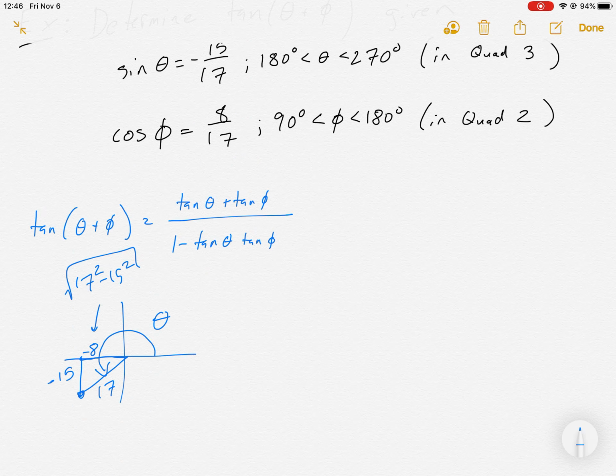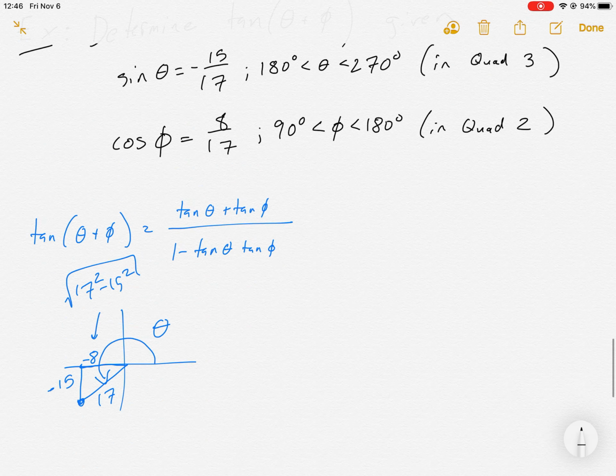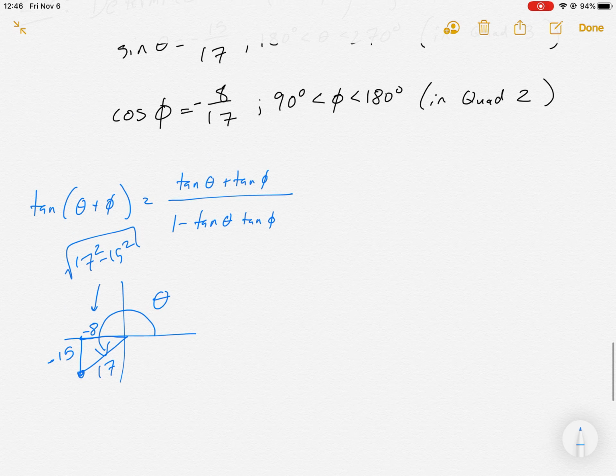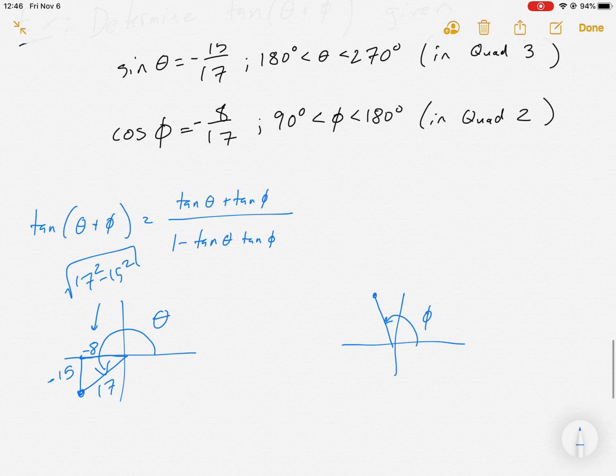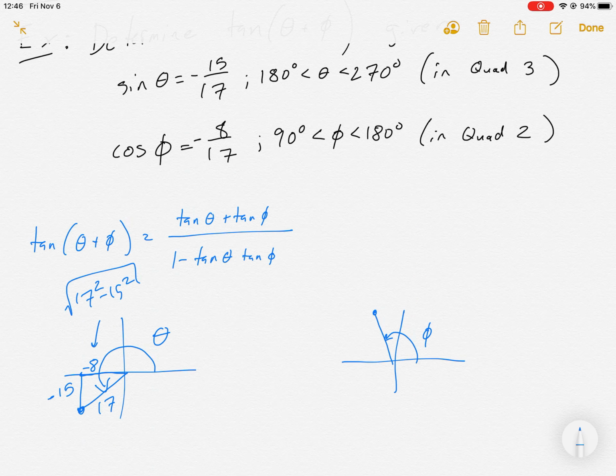Okay, so there's theta. Now, I just realized after I wrote this that I actually made a mistake for phi. This really should be negative if we're in quadrant 2, otherwise it doesn't make any sense. So let's go ahead and do phi now. Phi is somewhere here, maybe in quadrant 2. And we're going to end up with kind of the same triangle.